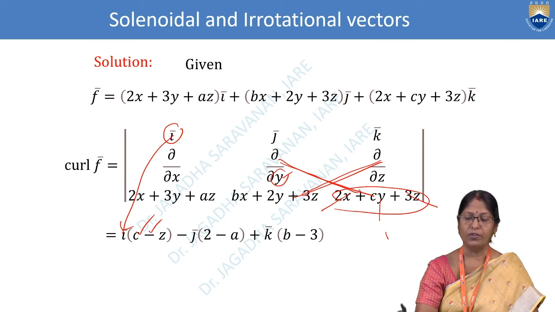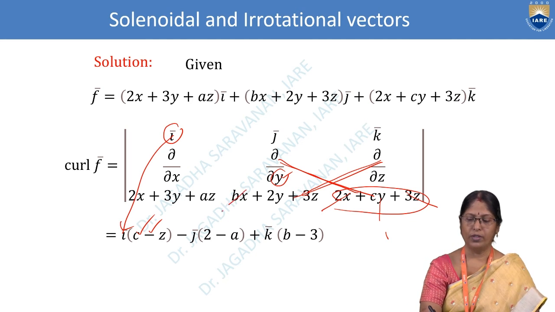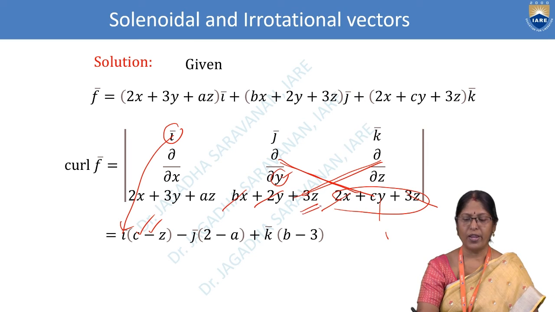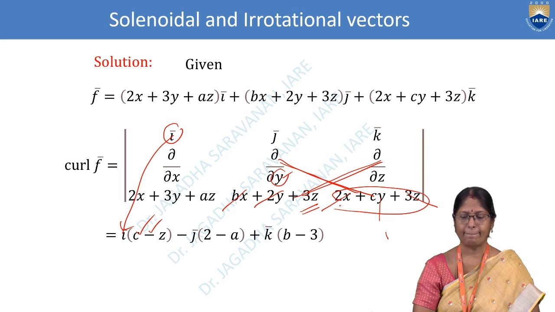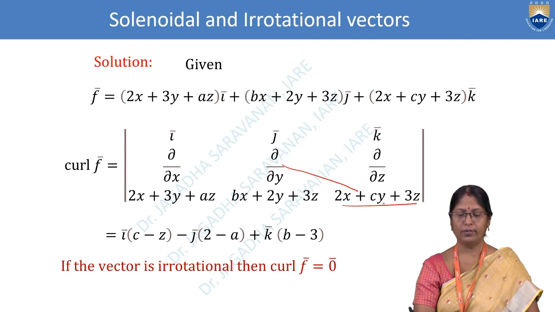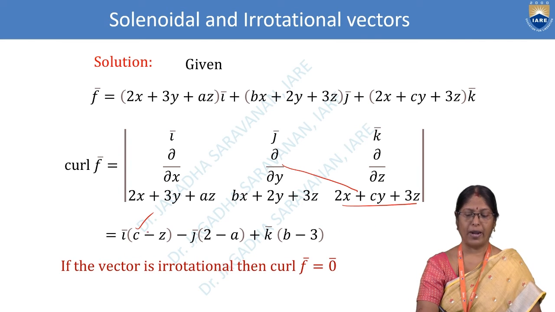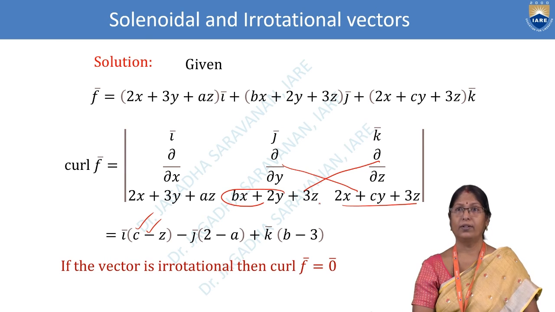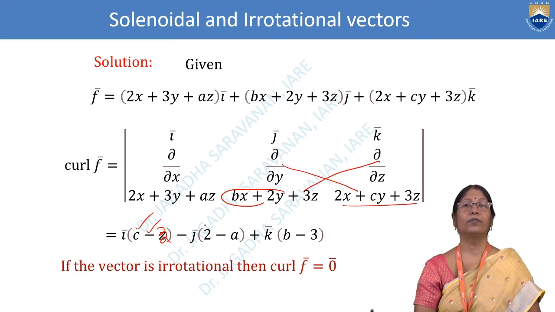This should be done with respect to z, the other variables are neglected, here 3z is there. So dou by dou z gives 3, it's not 3z, just 3. So this related to i we completed.